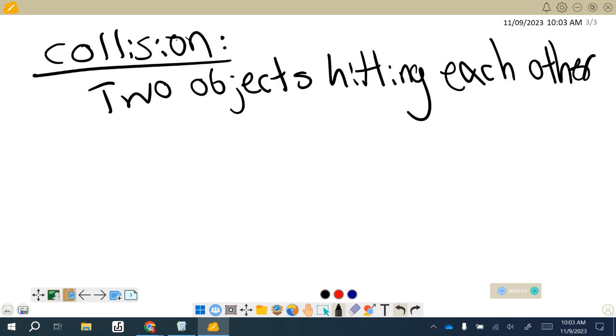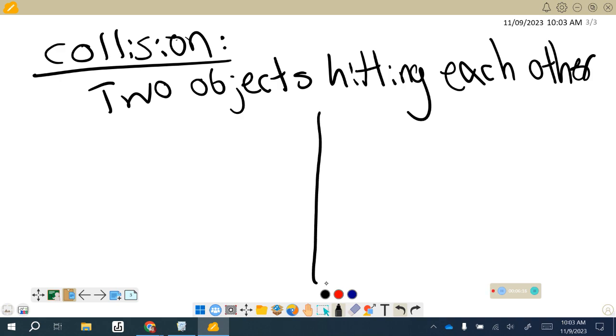Now, we did a lab in class where you guys collected some data on the velocity of an object before and after it hit another object of the same mass. We had those carts on the track, and we were seeing how that initial velocity changed the final velocity. So let's consider the momentum before and after the collision, and you'll see something pretty interesting.